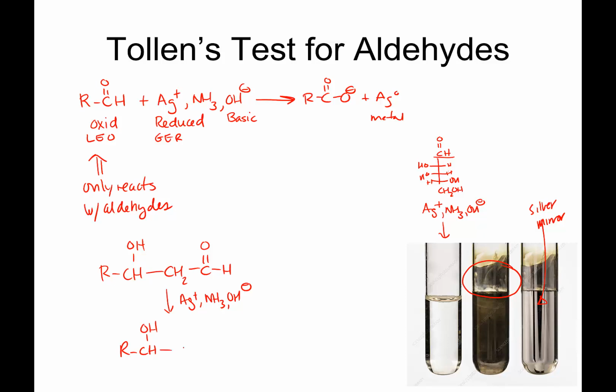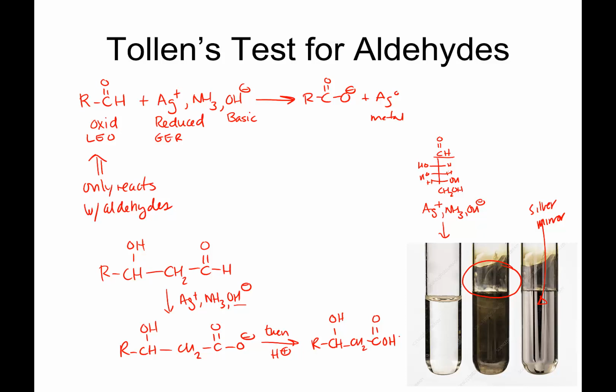So the secondary alcohol would be intact. Once we do this reaction and form the carboxylate, because this is basic, we would then add H+, and we would be able to convert our molecule back to the carboxylic acid. So this is a very specific reagent that will only oxidize aldehydes.